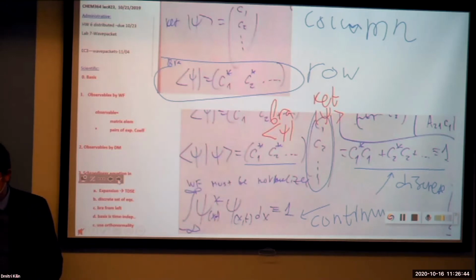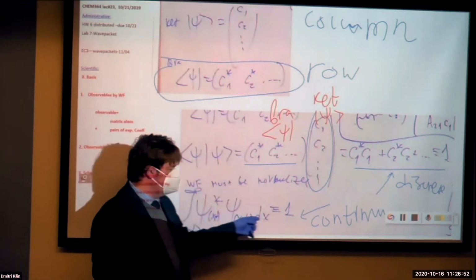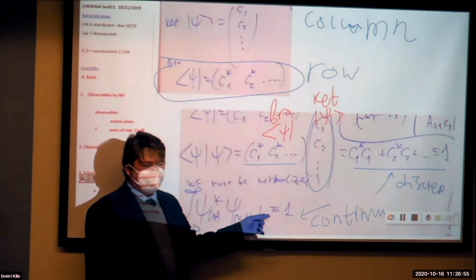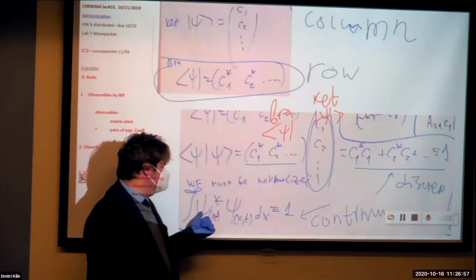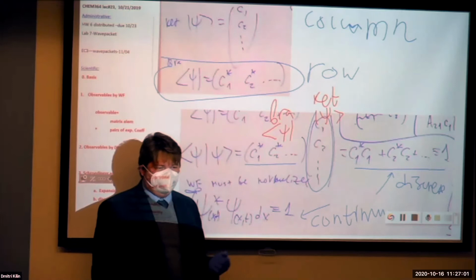Those are little notes that I think we all are aware of. If we are in the continuous wave function representation, then a good wave function must obey normalization. The function star multiplied by the function, integrated, must give 1.